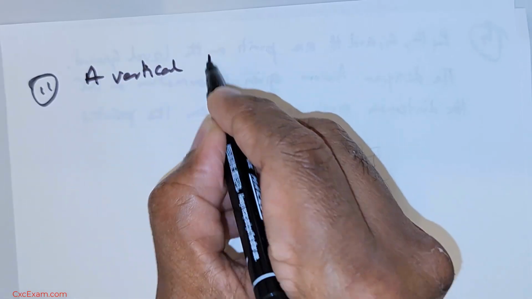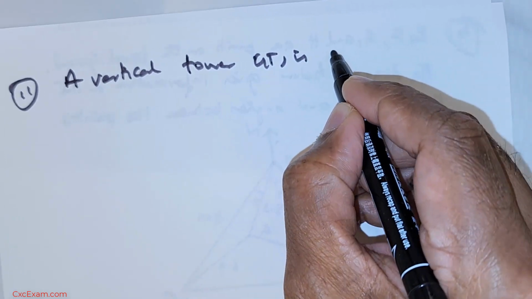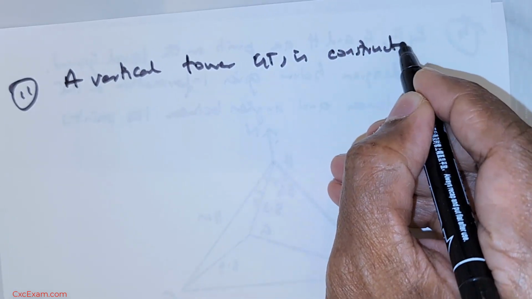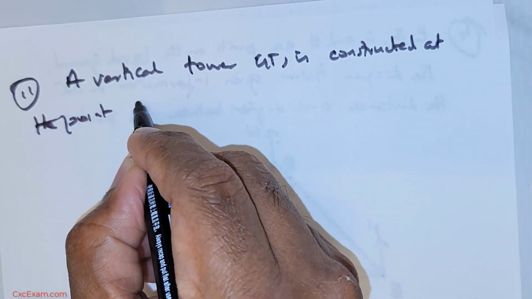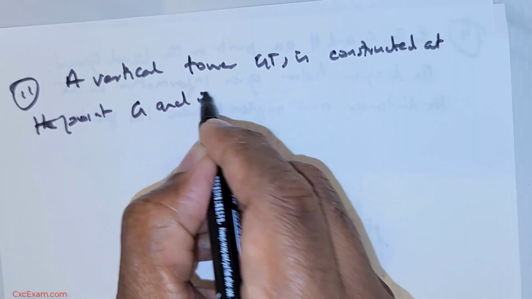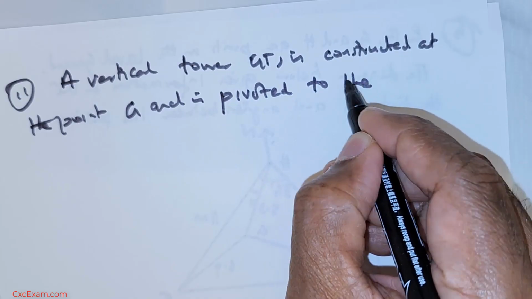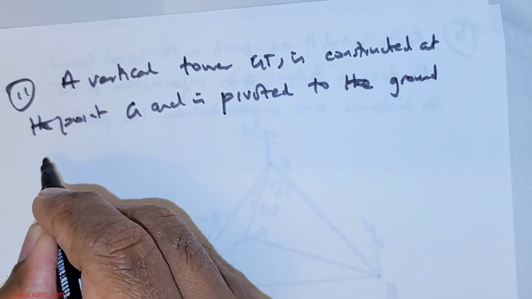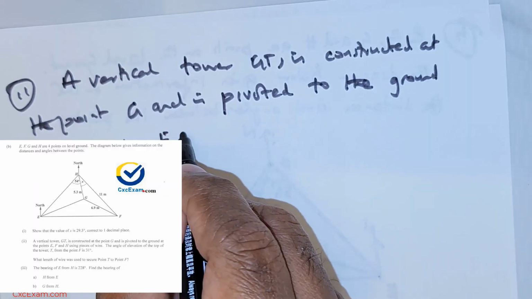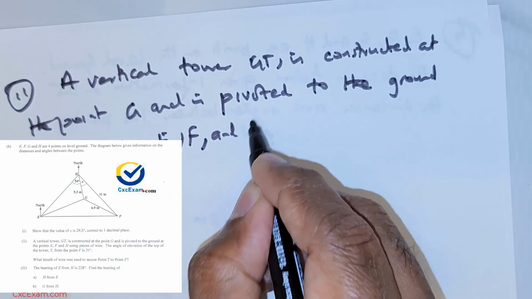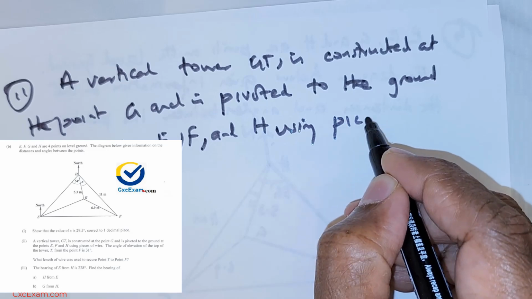Vertical tower GT is constructed at the point G and is pivoted to the ground and the points E, F and H using pieces of wire.